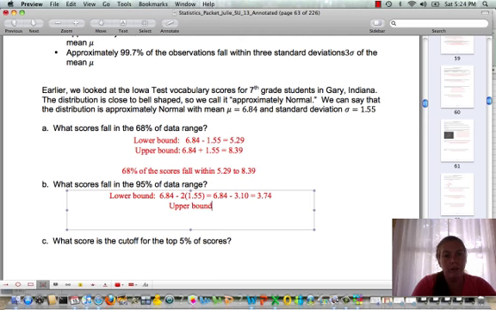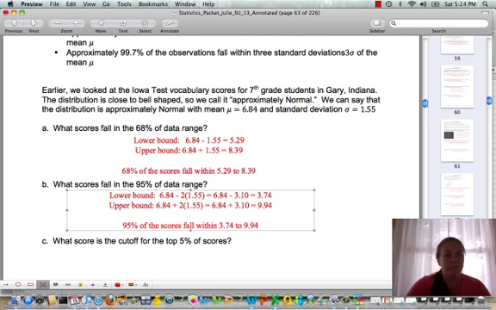Our upper bound is going to be 6.84 plus 2 times 1.55. So that's going to be 6.84 plus 3.10. And we total that up, we're going to get 9.94. So we can say that 95% of the scores fall within 3.74 to 9.94. So it's our 95% range.